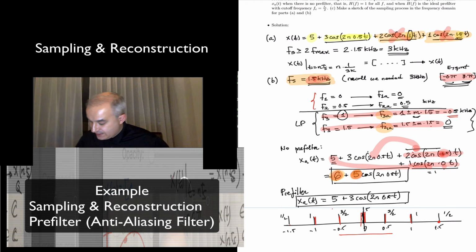And so you ended up correcting this, 5 becoming 6, and the 3 added by an amplitude of 2, because those two add together.